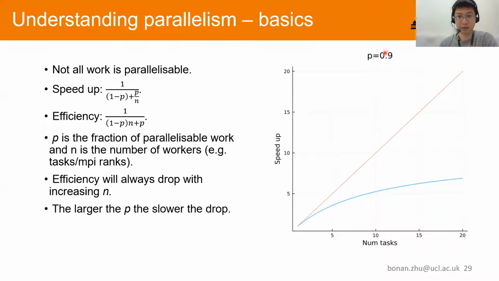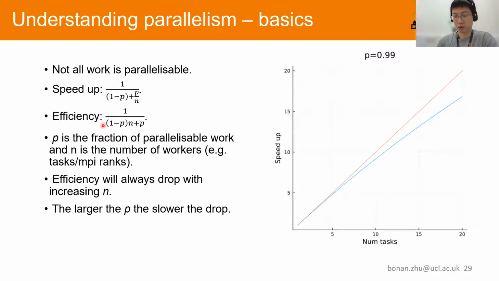Here P is 0.9, which means 90% of the work in a serial job can be fully parallelized. Immediately you see that by increasing the number of tasks, your overall speedup will deviate from the ideal diagonal line, which also means the efficiency will drop.